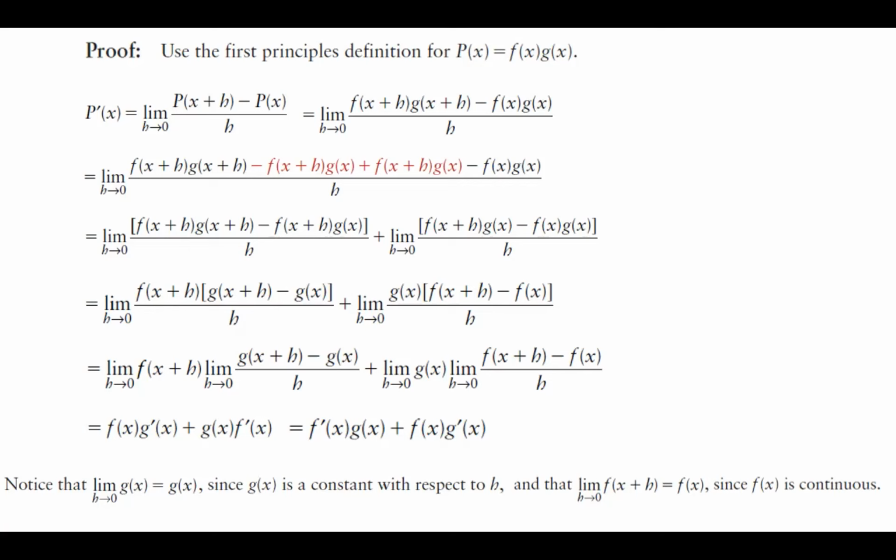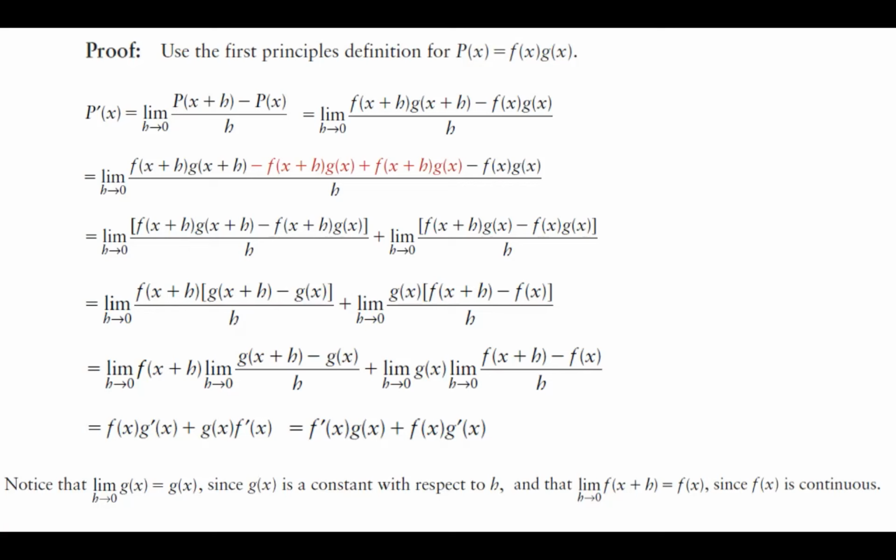So that becomes the limit of f(x+h) times the sum of [g(x+h) - g(x)]/h as h approaches 0, which eventually becomes the limit of f(x+h) times the limit of [g(x+h) - g(x)]/h as h approaches 0, right? And the second term is actually, according to the definition of derivative, the derivative of g(x), right?